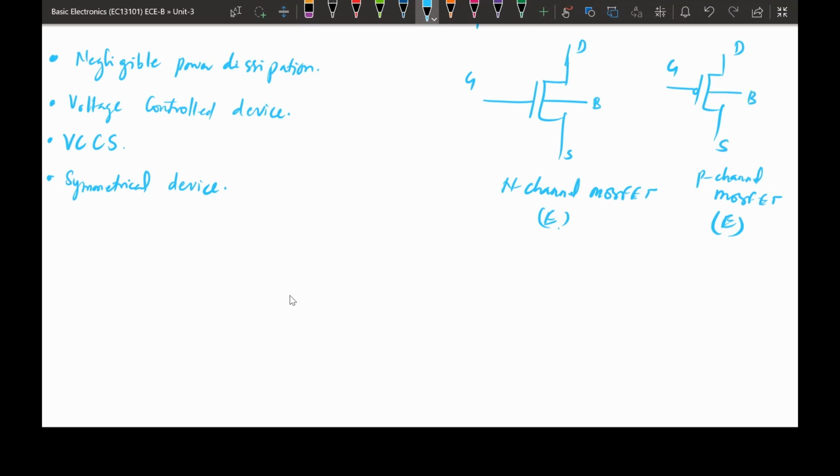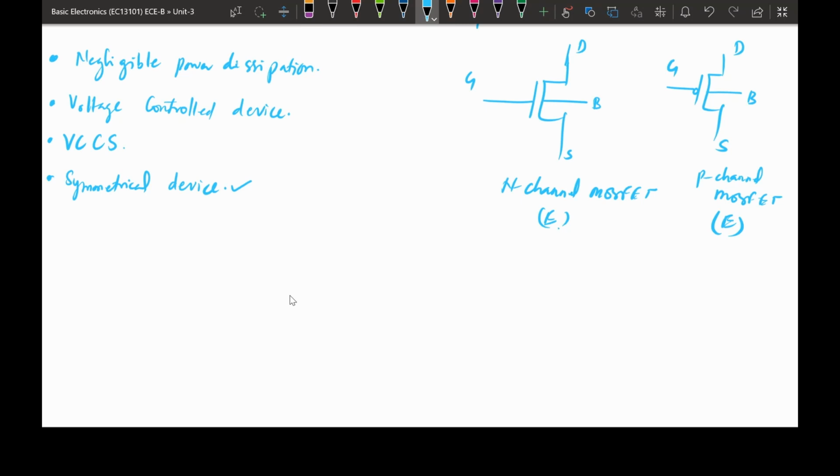It is a symmetrical device, which means this is the drain terminal and this is the source terminal, and the drain and source can be used interchangeably. That means we can replace the drain with the source and the source with the drain. That's why it is called a symmetrical device. It's similar to JFET, where we can also replace the drain and source terminals, so JFETs are also symmetrical devices.